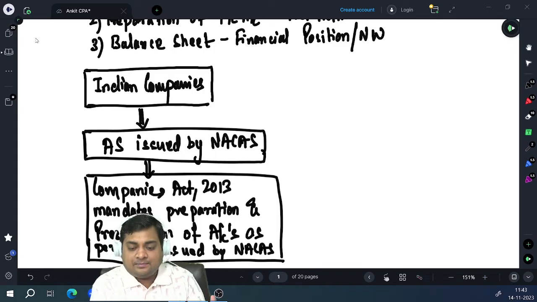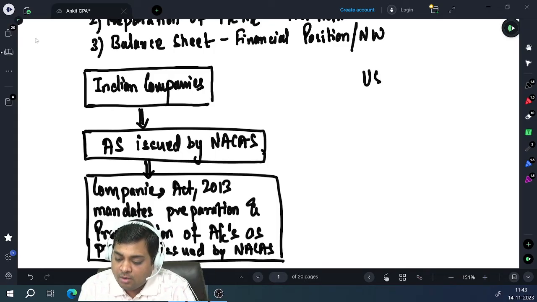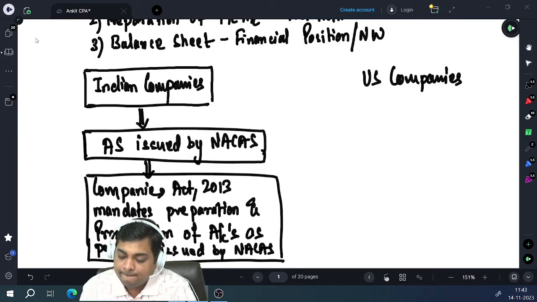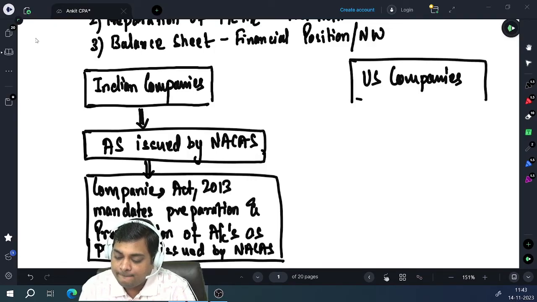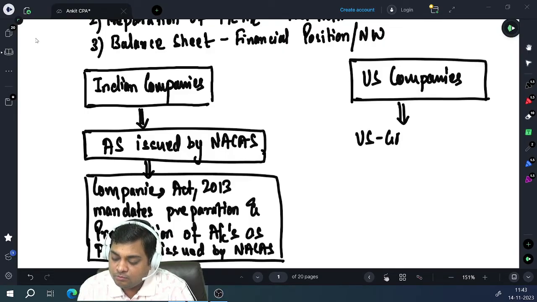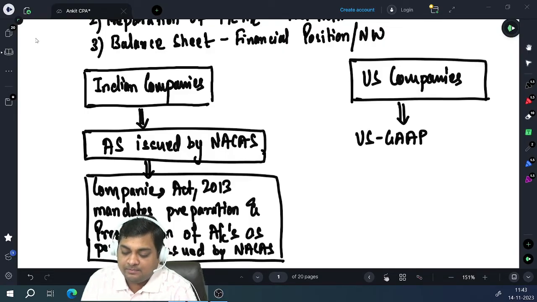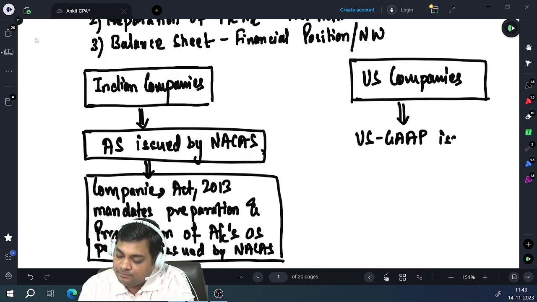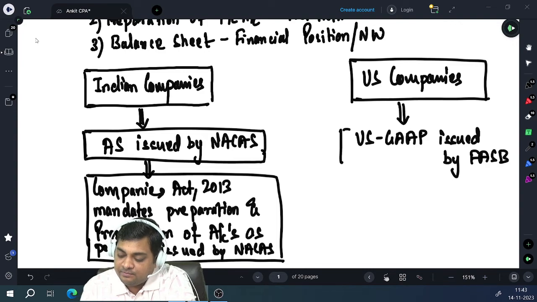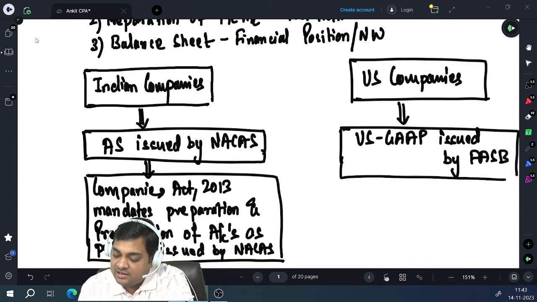This is for India. Now, if I talk about US companies, they have to follow US GAAP issued by FASB, Financial Accounting Standards Board.